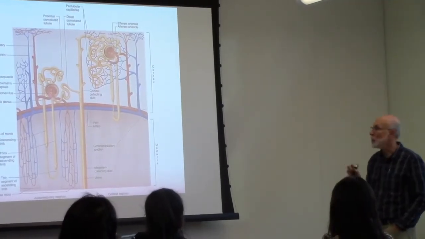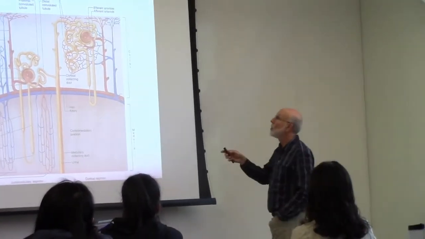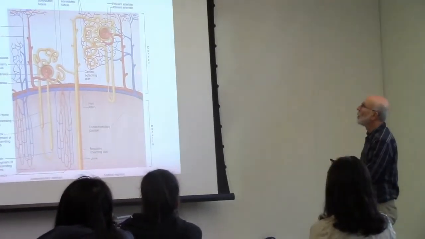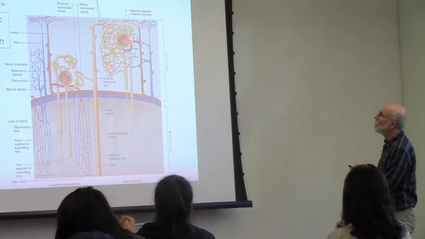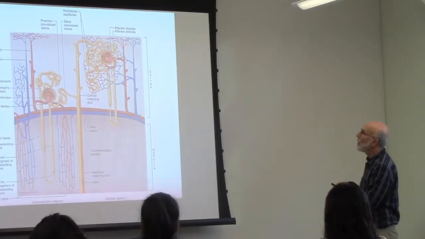Other question? Oh, there's one thing I haven't mentioned. So let's go back to blood flow. Arterial blood, afferent arteriole, glomerular capillaries.